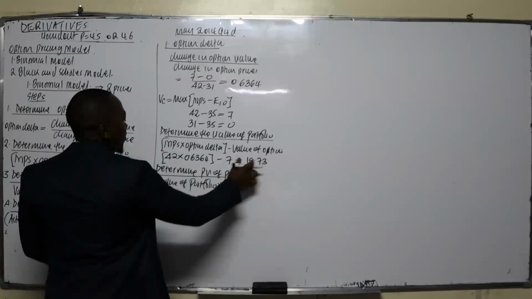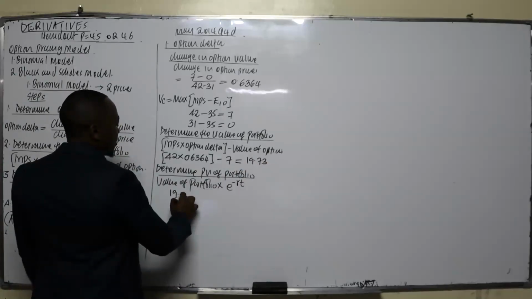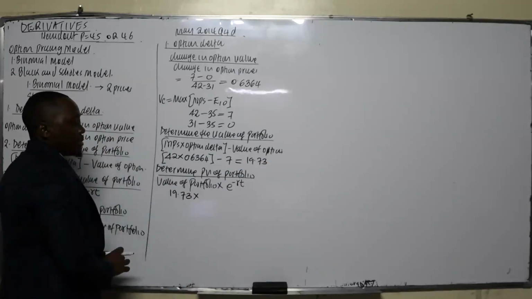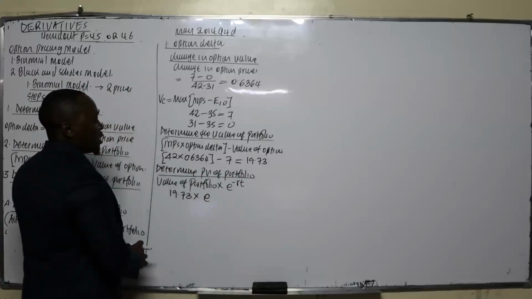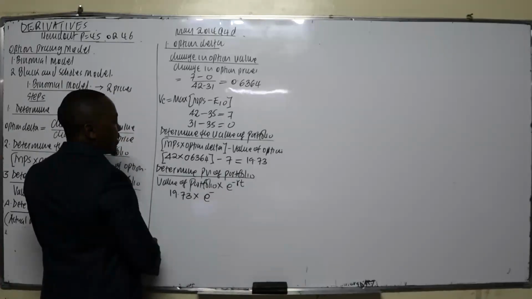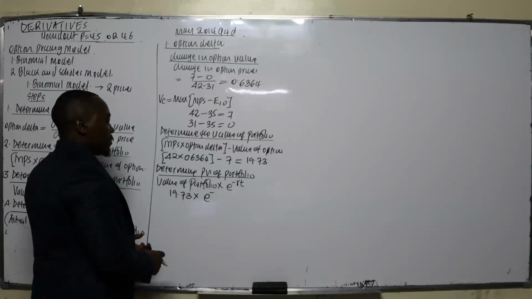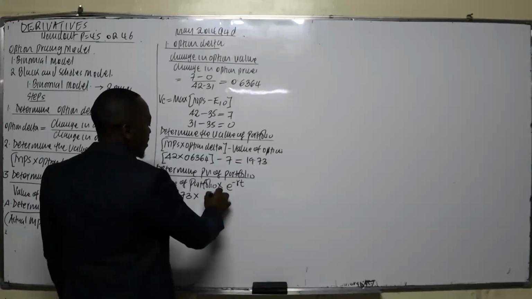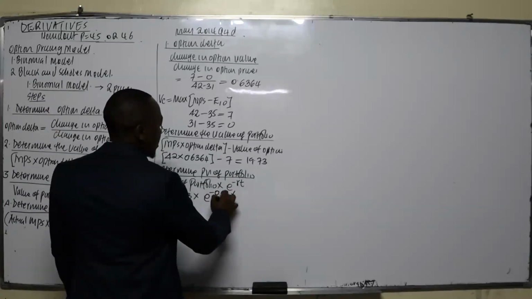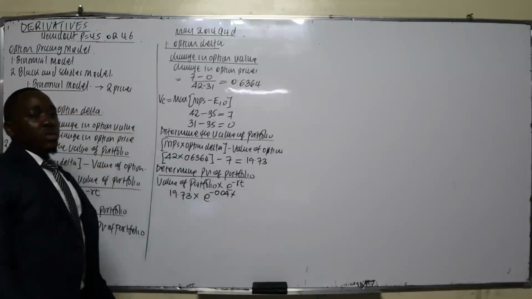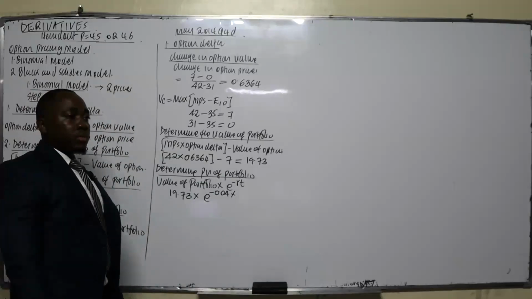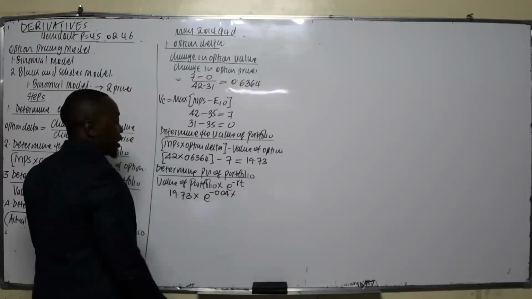The value of the portfolio we have is 19.73 times the exponential constant raised to negative R. R was the risk-free rate. How much was the risk-free rate? So 0.04. T is the time to maturity. Give me T.